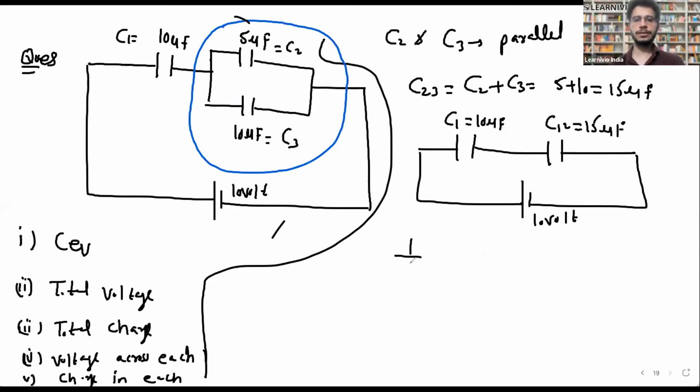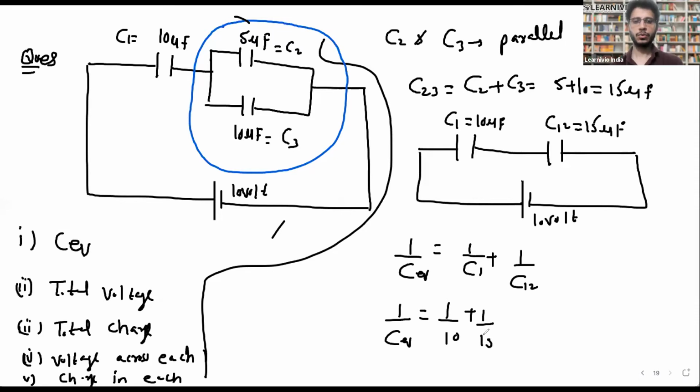You know that in series we write 1 by C equivalent as 1 by C1 plus 1 by C23. So I can write 1 by C equivalent is 1 by C1, which is 10, plus 1 by C23, which is 15. You can take 150 as LCM.